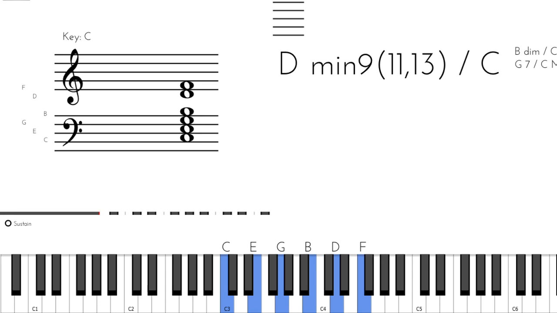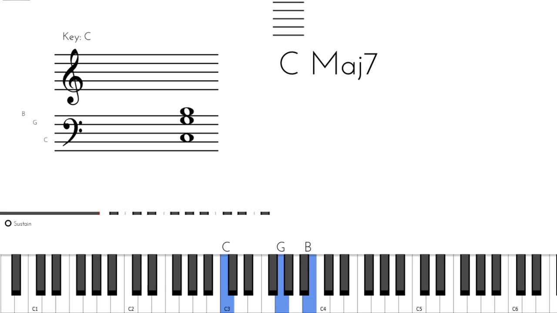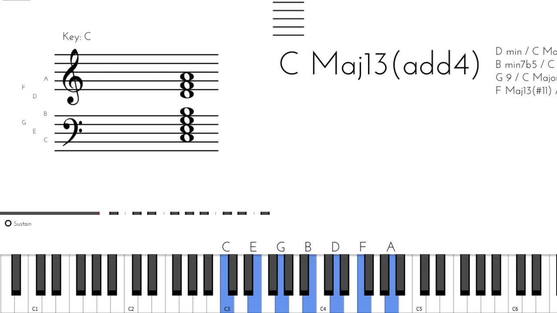There is no sharp or flat. None of them. So you can do that. Major ninth, major 11th, and major 13th.